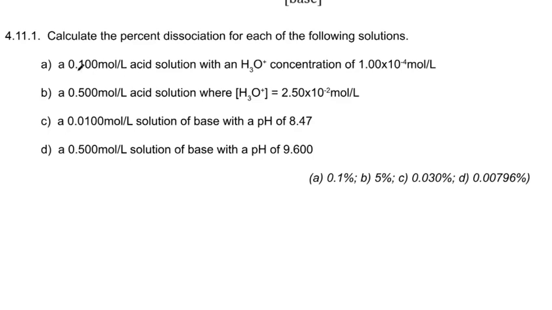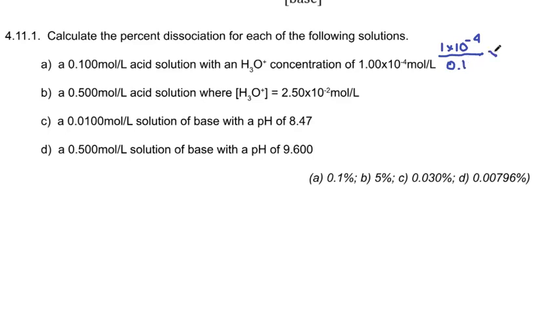Here we have a solution where a certain amount of acid was dropped into water, and some of it converted into hydrogen, this much. You can make a percentage out of that by saying I got 1 times 10 to the negative 4 hydrogens out of 0.1 potential hydrogens. Every one of those acids could have released a hydrogen, it's just most of them didn't.